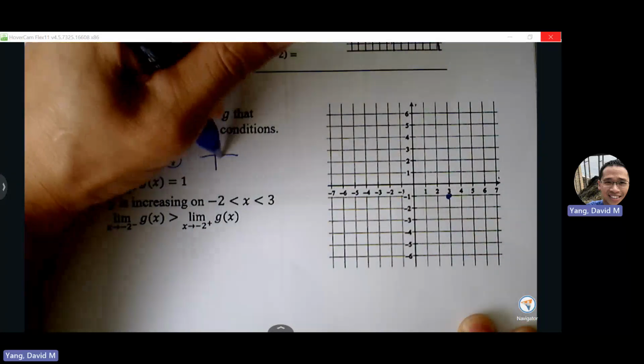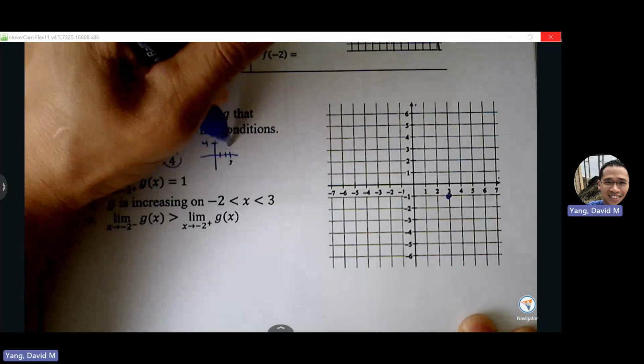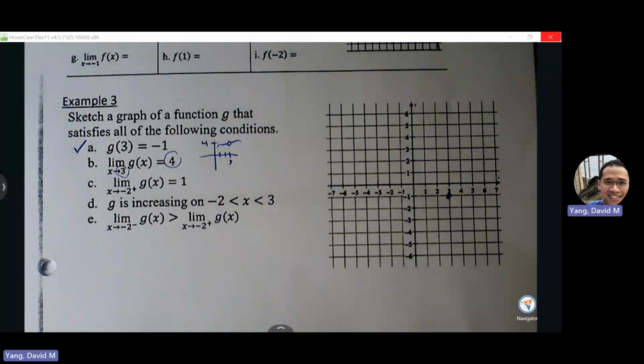But I like to always put a hole there and just have my graph headed towards that hole. And if it ends up being that the hole gets filled in, I can always fill it in later, rather than having the graph go through that ordered pair and then having to erase and put a hole there when you realize that the point is defined elsewhere.